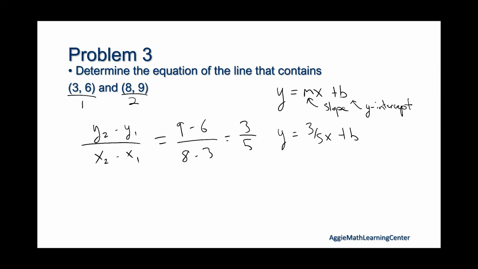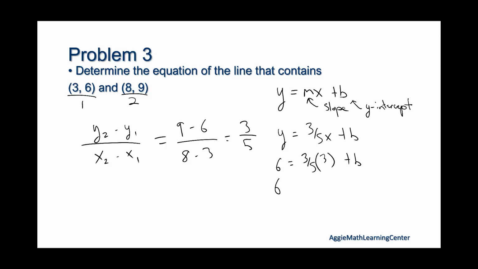That lets us solve for the unknown y-intercept b. I'm going to choose the point with the smaller values, in this case (3, 6), but I could also use (8, 9). So I have 6 is equal to 3/5 times 3 plus b.